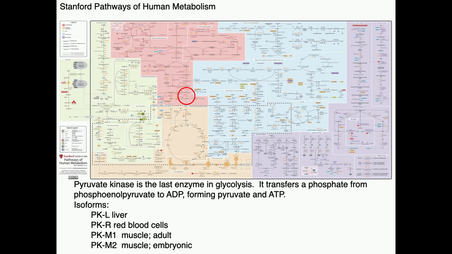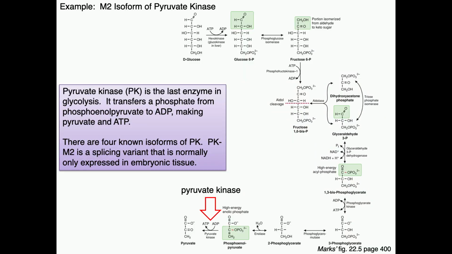Pyruvate kinase uses phosphoenolpyruvate and ADP as substrates, and it transfers the phosphate from phosphoenolpyruvate to ADP to make ATP and pyruvate. So this is at the very end of glycolysis.